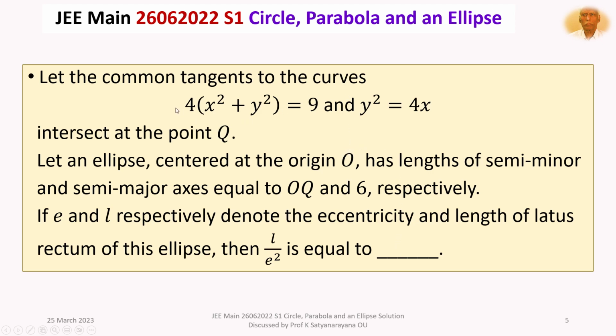We are given a circle 4x² + y² = 9 and a parabola y² = 4x. The common tangents are taken, and it is given that they intersect at the point Q. There is an ellipse centered at the origin O, with lengths of semi-minor and semi-major axes respectively equal to OQ and 6.